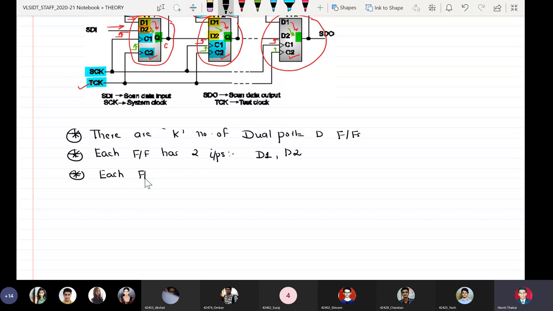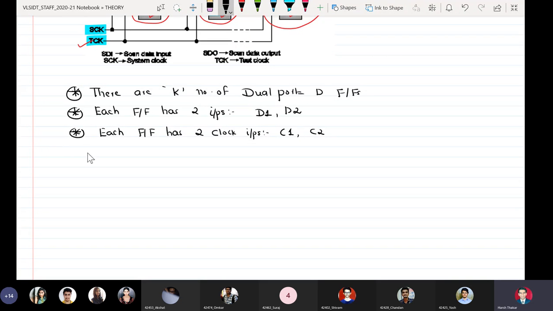Similarly, each flip-flop has two clock inputs, C1, C2. Each flip-flop has one output.